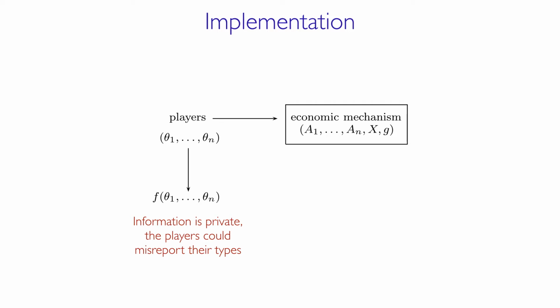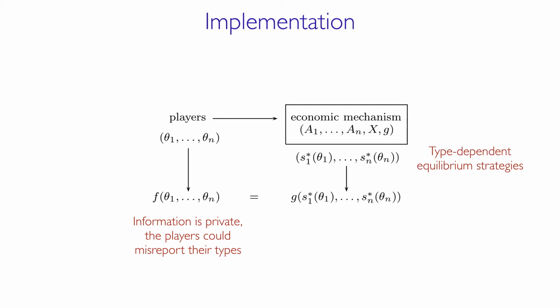Specifically, we design an economic mechanism A1, ..., AN, X, G such that there is an equilibrium S* specifying the behavior of every player for every type, such that for every profile of types, the outcome function, when the players play the equilibrium strategies, returns the same outcome of the social choice function.